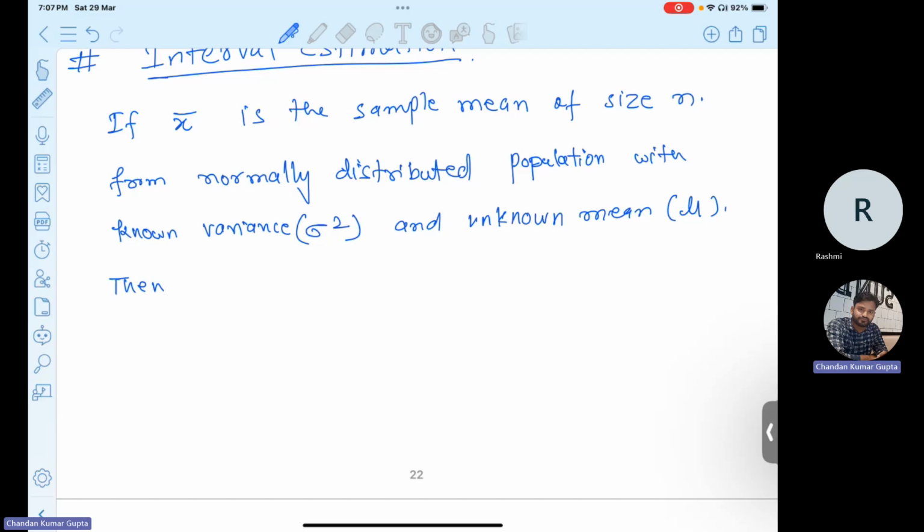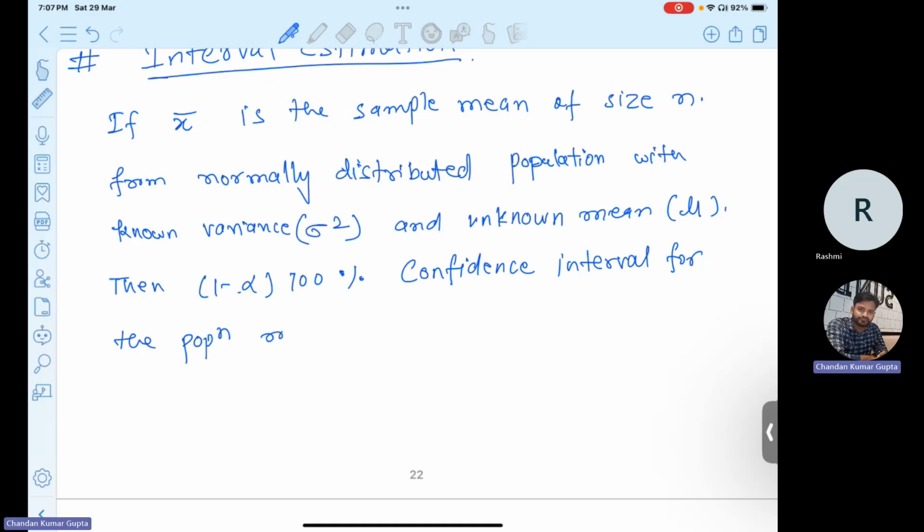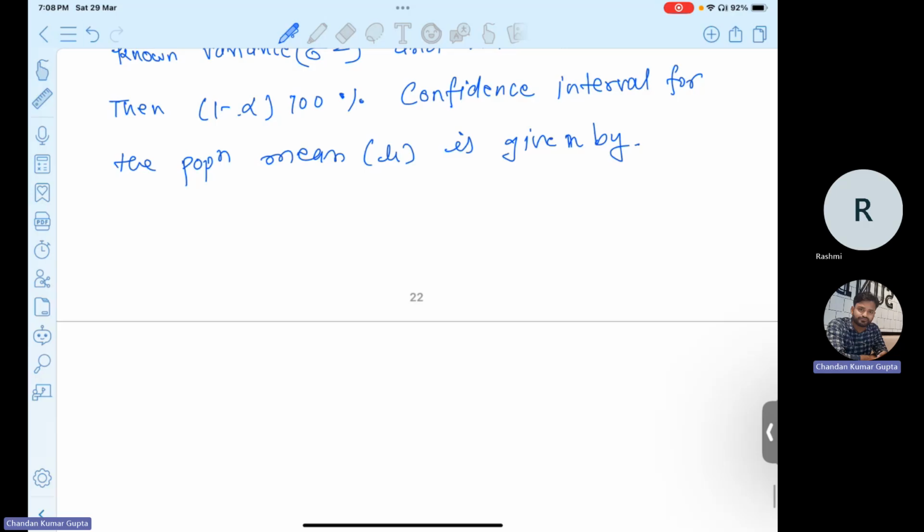Then in that case, the 1 minus alpha times 100% confidence interval for the population mean is given by x bar minus z alpha by 2 times sigma by root n, to x bar plus z alpha by 2 times sigma by root n.